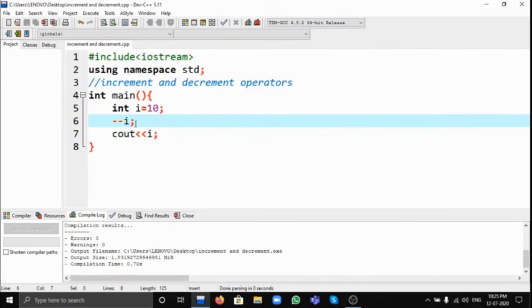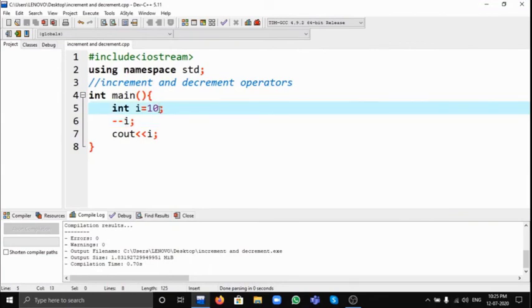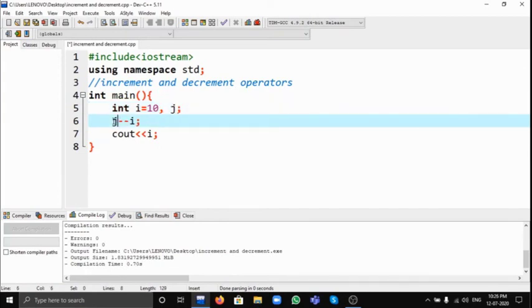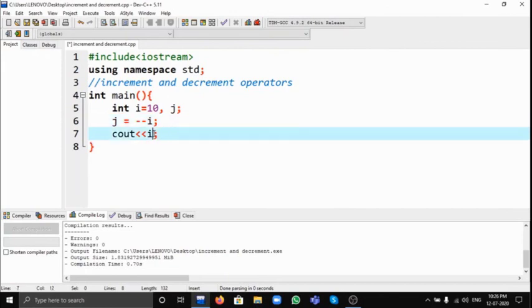Okay. Now I'm going to repeat the similar procedure that we did before, and I'm going to say j is equal to minus minus i. All right. And now I'm going to print the value of j. What will be the answer in this case?